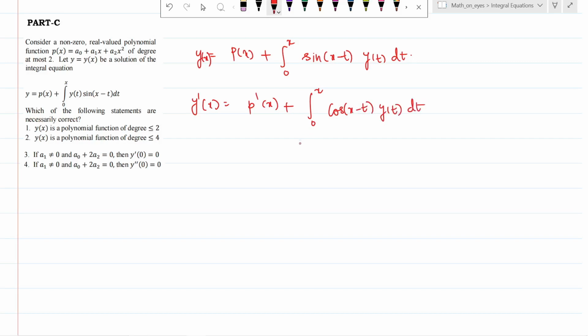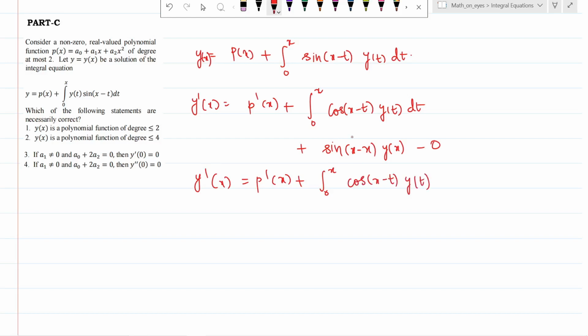And then for the upper limit, differentiation of x is 1, and then sine of x minus x, y of x, minus the lower limit is 0, differentiation will give you 0. So y dash of x is equal to p dash of x plus integral 0 to x cos of x minus t into y of t dt.